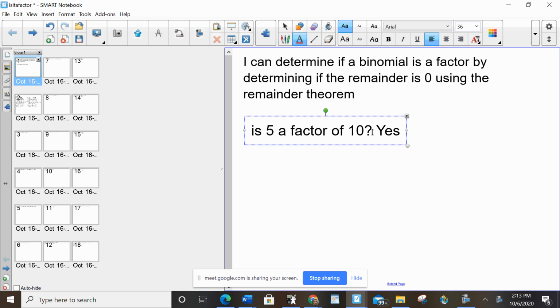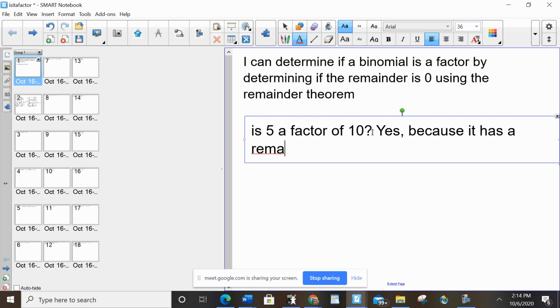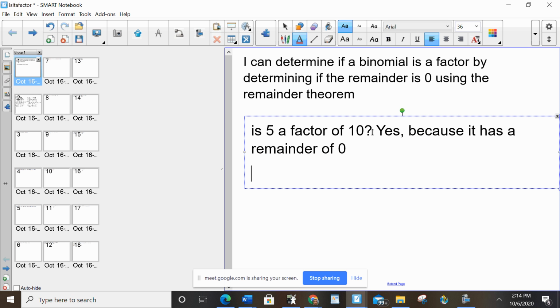If a number goes in evenly, it's a factor. If a number goes in evenly, doesn't that mean that the remainder is 0? So if the remainder is 0, it means that it divides evenly. It means that it's a factor. So yes, 5 is a factor of 10 because it has a remainder of 0.